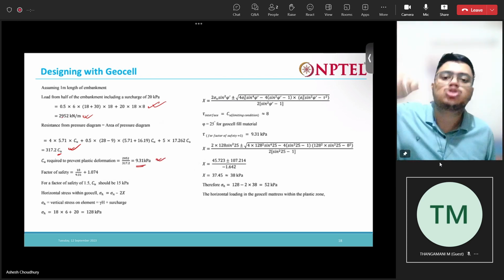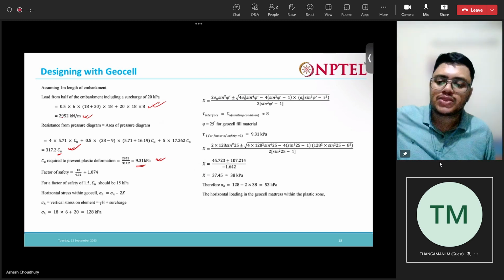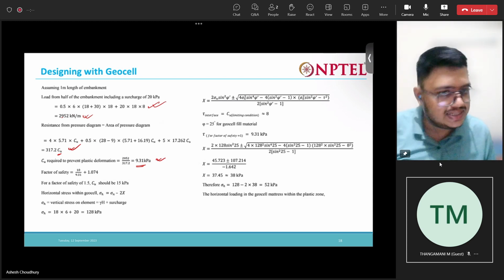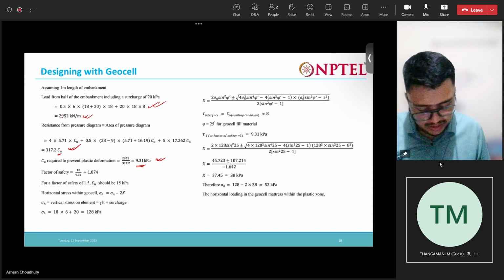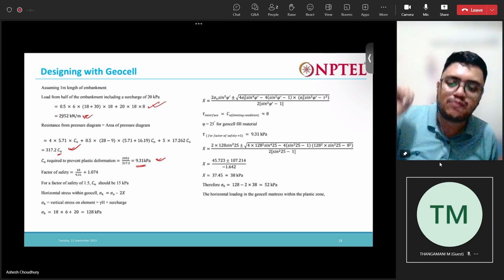The cohesion of the soft soil should at least be 9.31 in order to prevent the plastic deformation of the soil, right? So in order to resist this load, at least the soil should have 9.31 kPa.